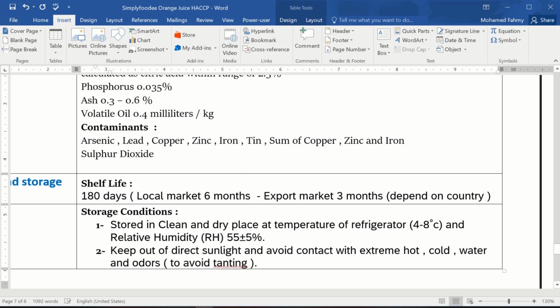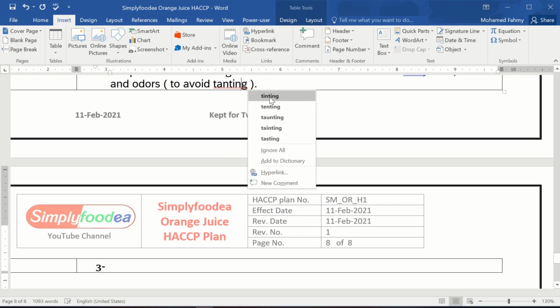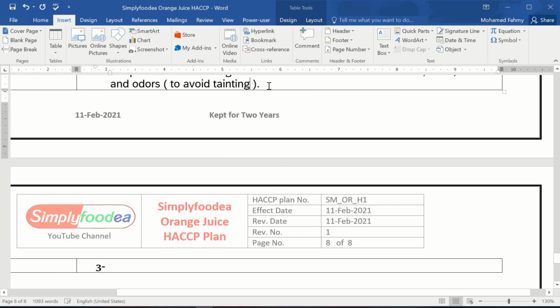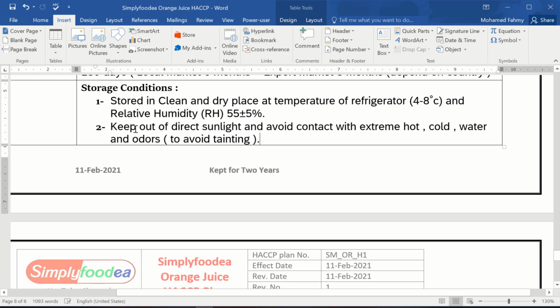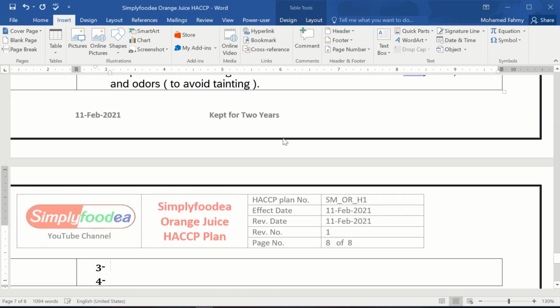Tainting means, for example, when your orange juice was stored behind a cleaning detergent with a specialized odor, the juice will have the odor of this chemical or detergent, so it must be kept away from other components which can taint our product.